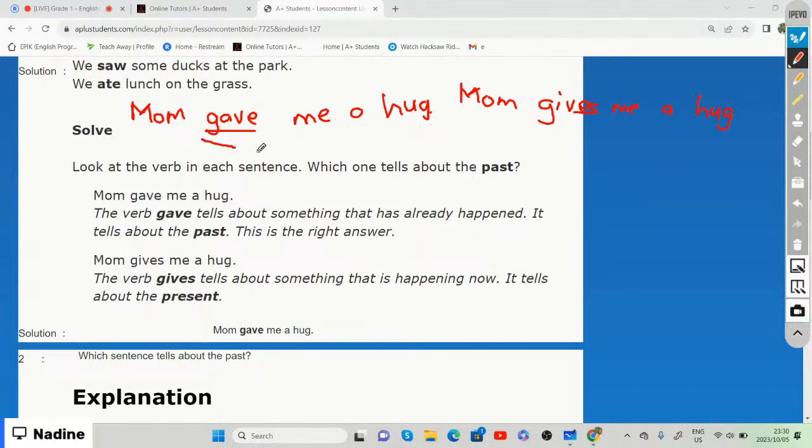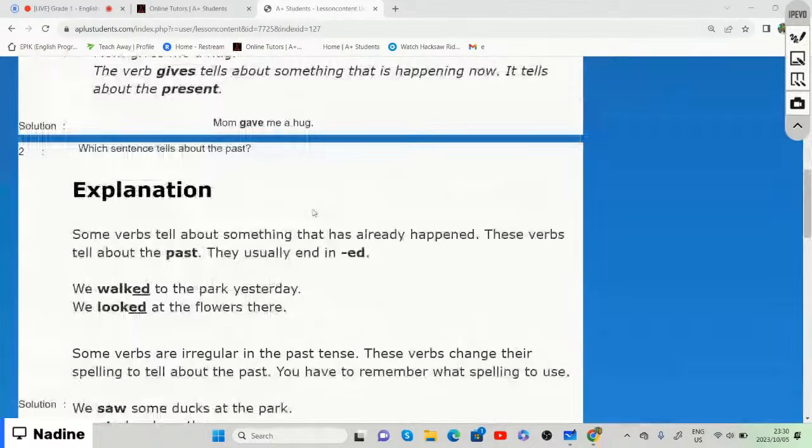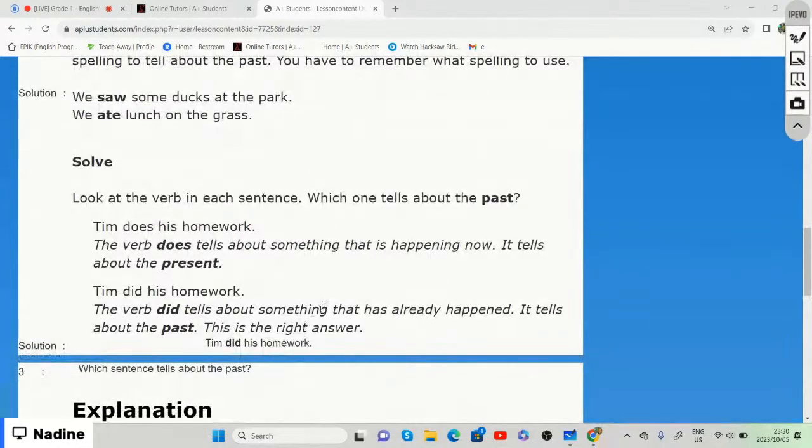Gave. And gave tells us about something that happened already. It's in the past, right? And gives is showing the present. All right. So you're going to have to look at these sentences and say which one is the past.